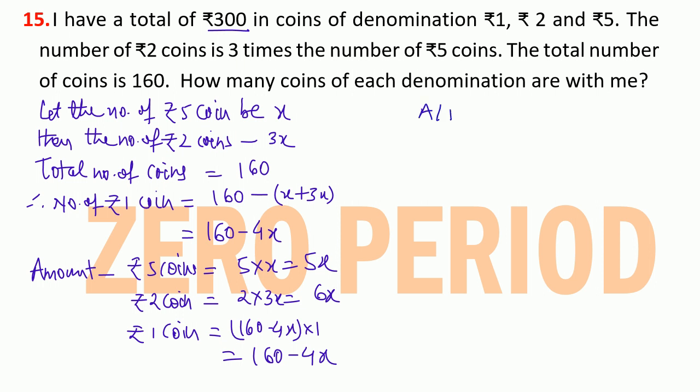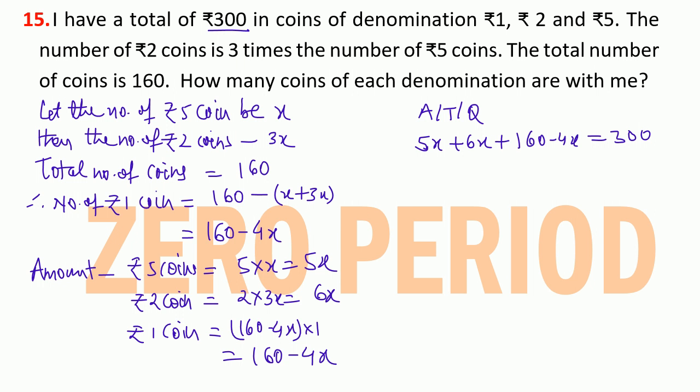So according to question, 5x plus 6x plus 160 minus 4x is equal to 300. It is given in the question.